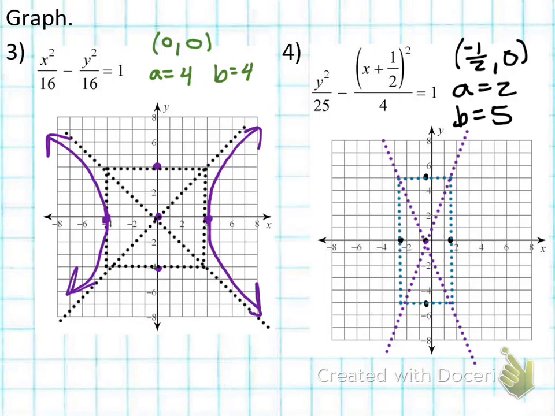And then we draw the curve, and the curves here are going to be on top and bottom because y is first. So we make sure to include the point from our box and then get really close to the asymptotes without touching them.